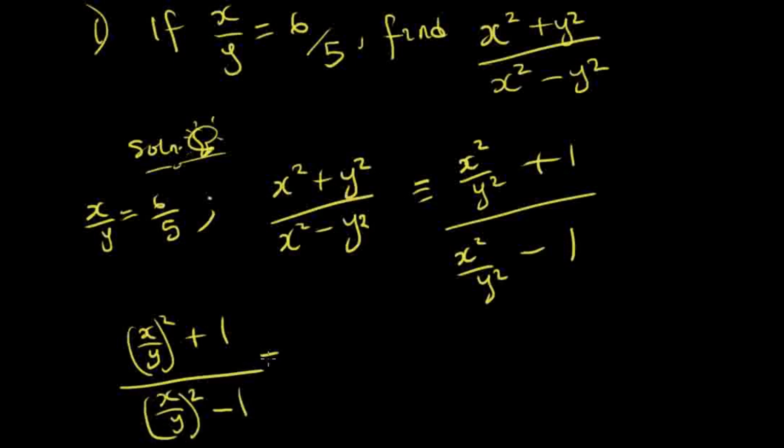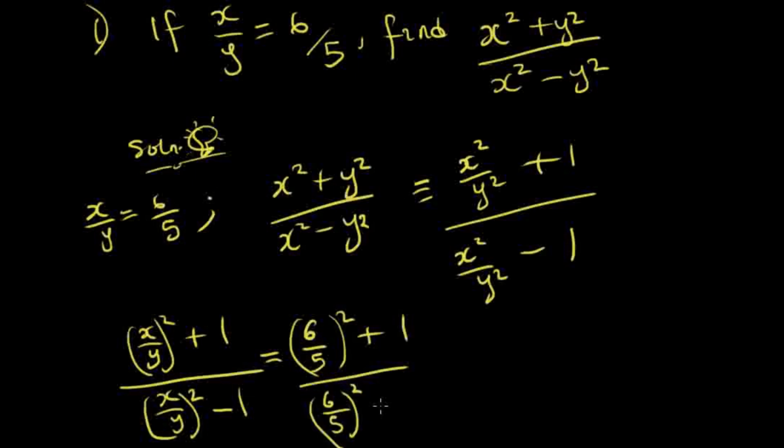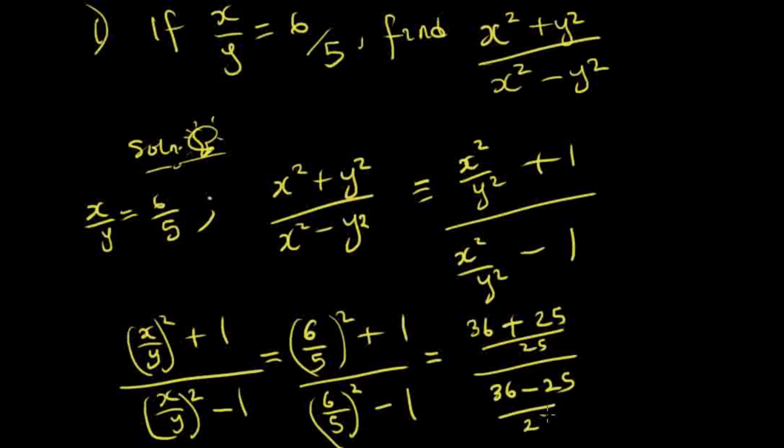So you can now replace x over y by the value given to us in the initial definition of the equation. So you have 6 over 5 all squared plus 1 divided by 6 over 5 all squared minus 1. If you resolve this, you should get 36 plus 25 over 25 divided by 36 minus 25 over 25.